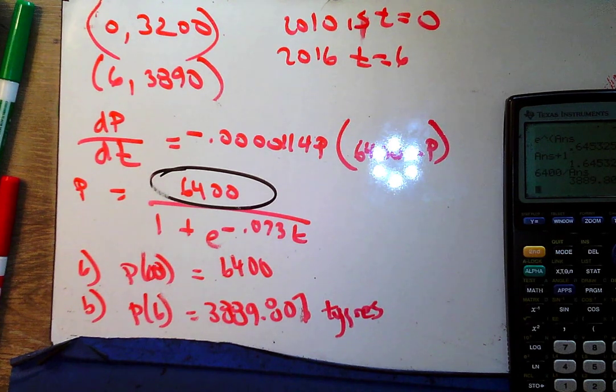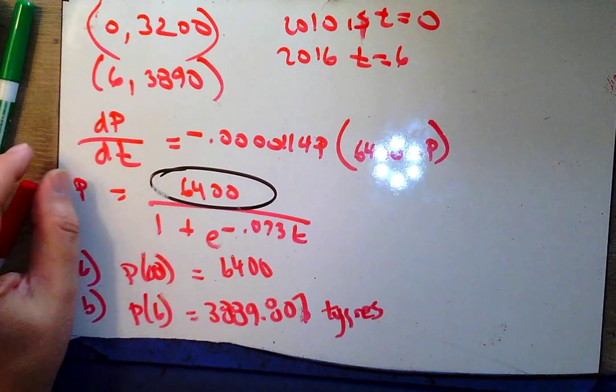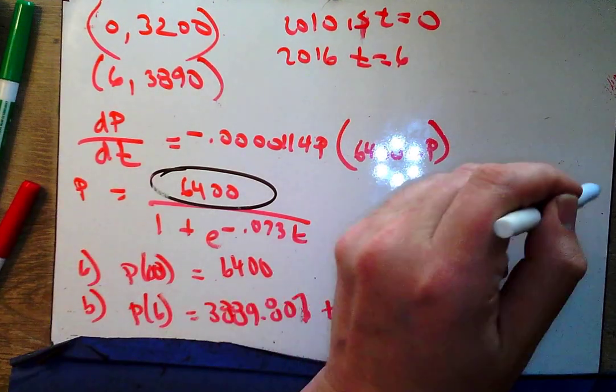How many tigers are there when the tiger population is increasing fastest? Use dp/dt to justify your claim. What is this rate of change? And don't forget to include units. Well, that's very interesting. So here's what we are supposed to remember.